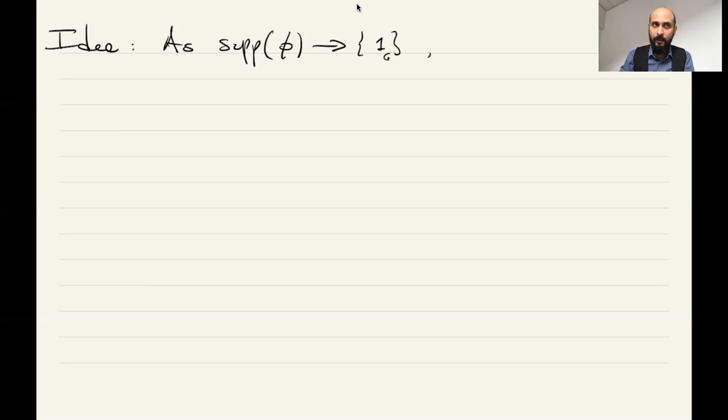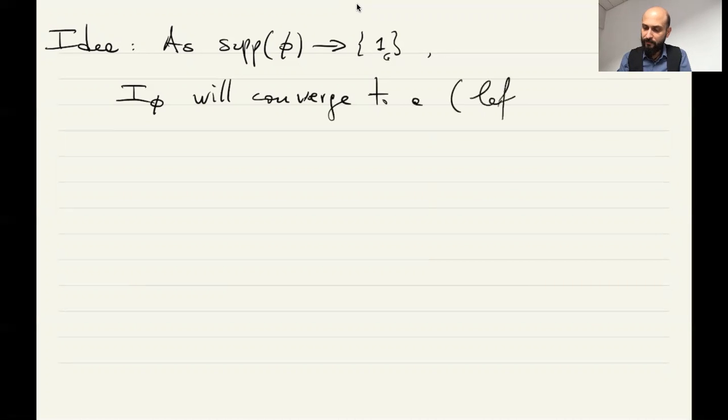the operator I of phi will converge to a left invariant operator.